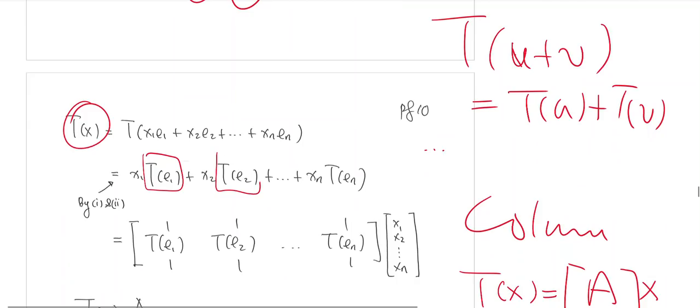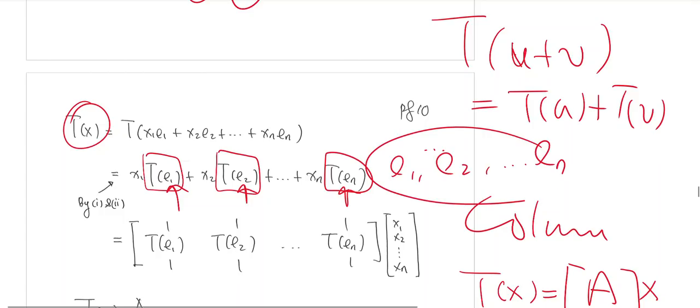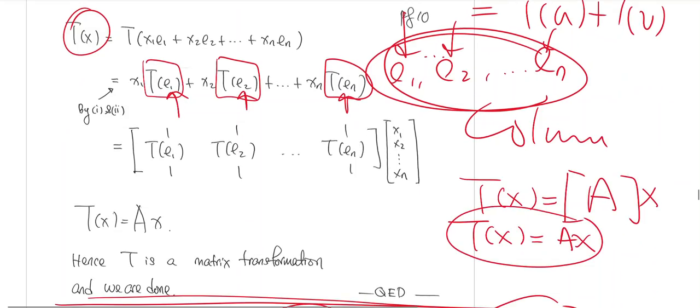If we can find out what that transformation does to e1, e2, all the way to en, only n vectors, then we actually know everything about that transformation, because Tx is equal to Ax.